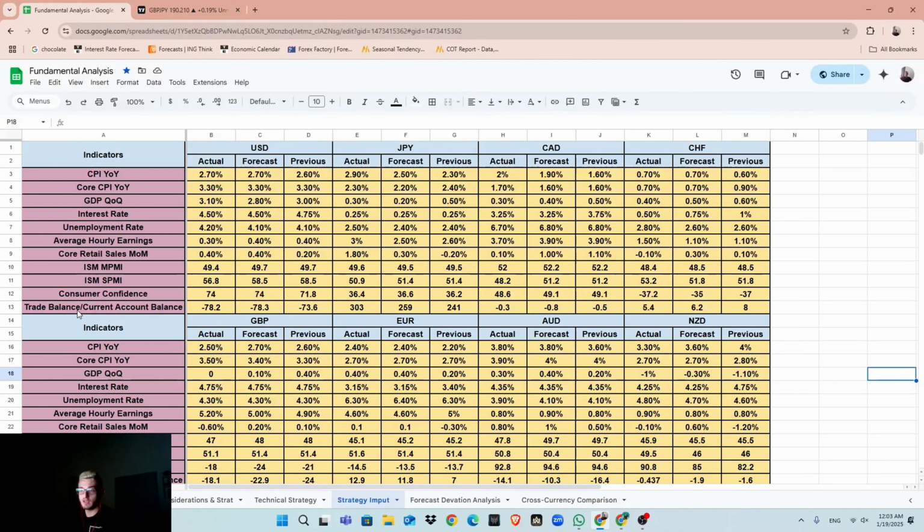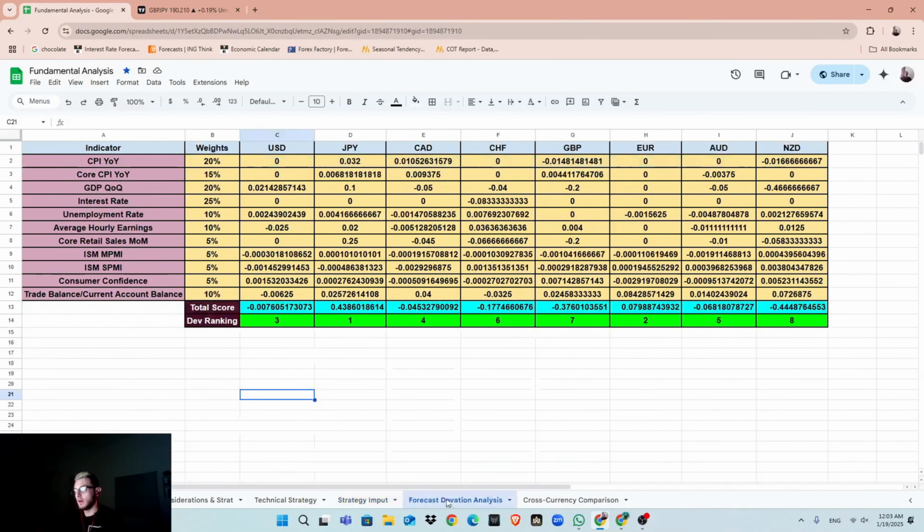These are the indicators that I look at, and I have two sheets that calculate the Forex forecast deviation analysis. So it's based on weights and different deviations, actual from the forecast or actual from the previous data. And based on it, I have the ranking system that will give me each currency and which rank it has.